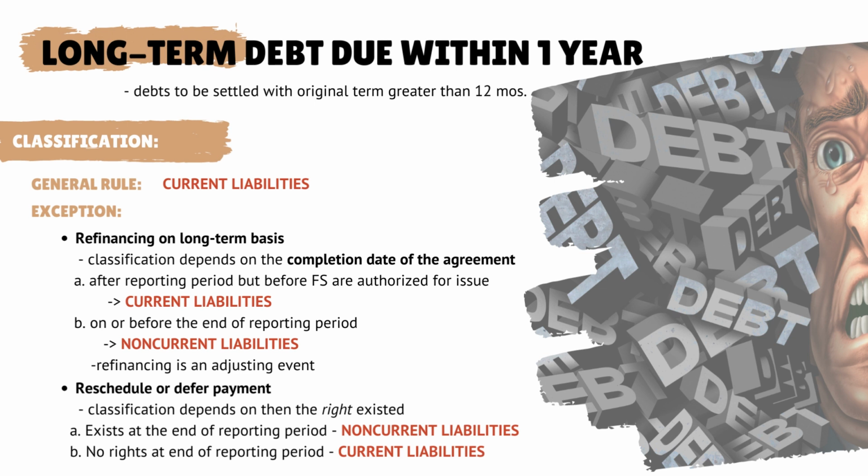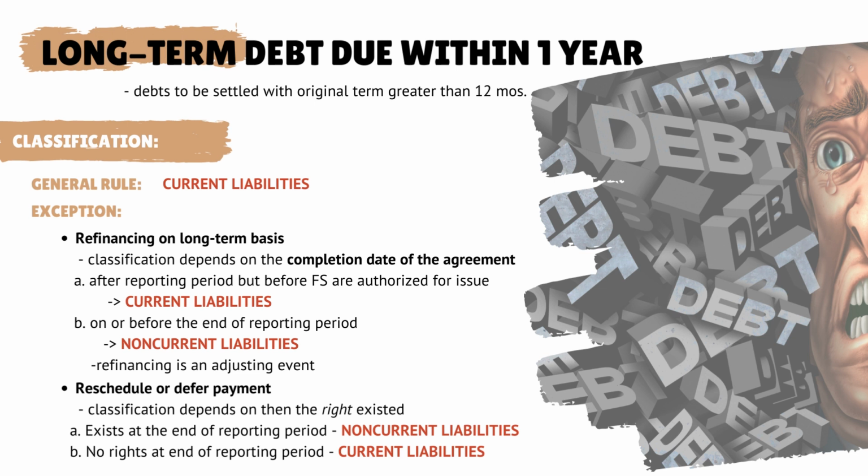For this one, there are two exceptions. First is that there is a refinancing on a long-term basis. In this scenario, classification depends on the completion date of the agreement.